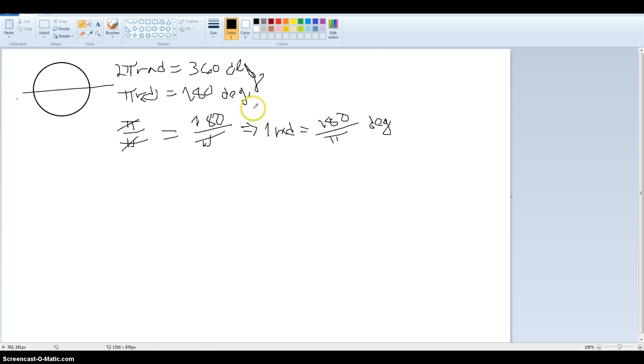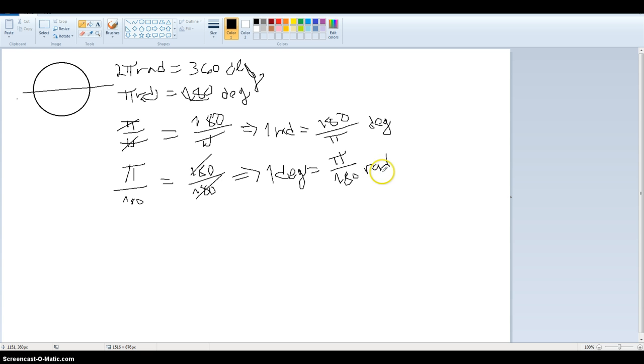And in the same way we can get how many radians is 1 degree. So we divide both sides again, but now by 180, so 180 over 180 cancels, and we get this as result. So 1 degree would be pi over 180 radians.